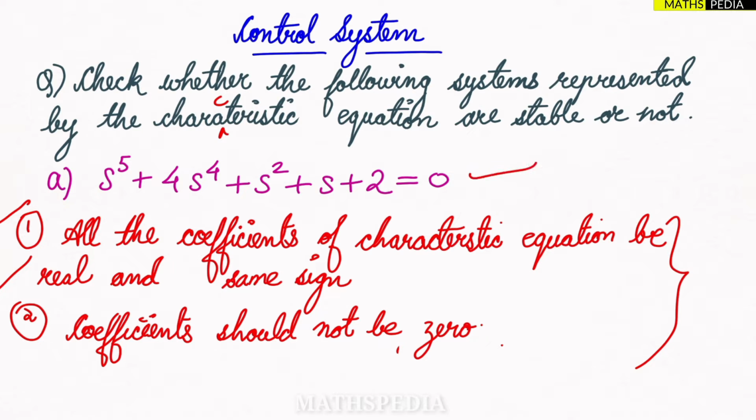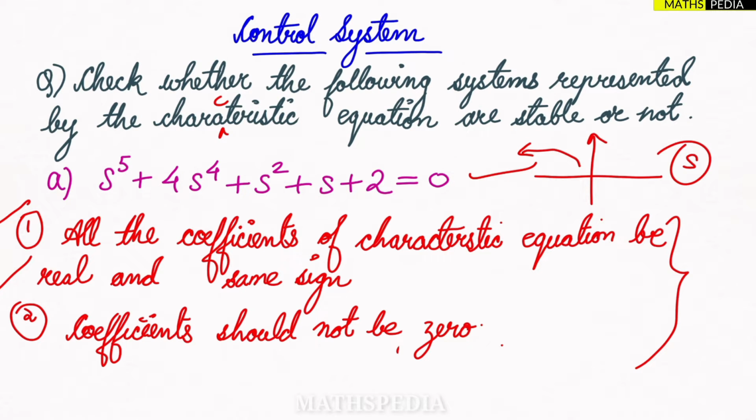Now the given problem is, you can see over here, the first and foremost thing you have to see is the signs of the given equation. It is quite possible that an equation with all its coefficients non-zero and of the same sign may not have all the roots in the left half of the S-plane. So it is necessary that if you draw the S-plane, the roots should be in the left half.